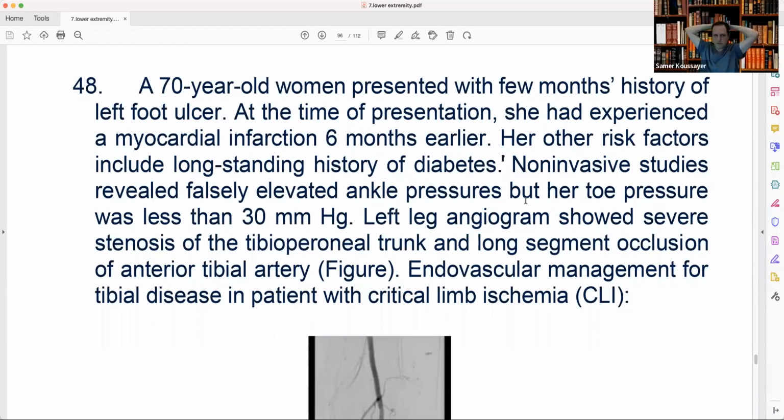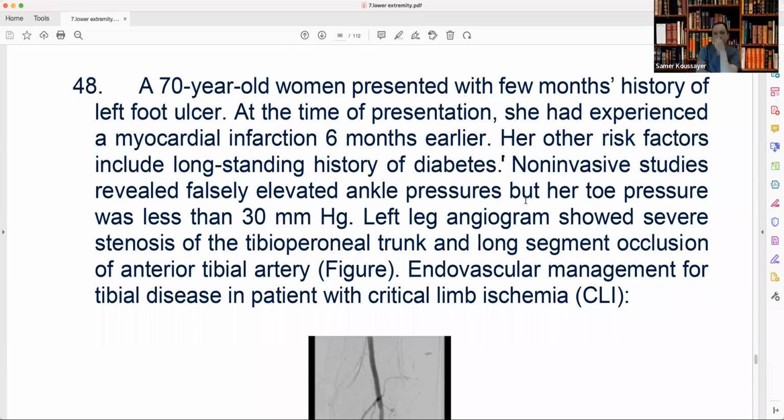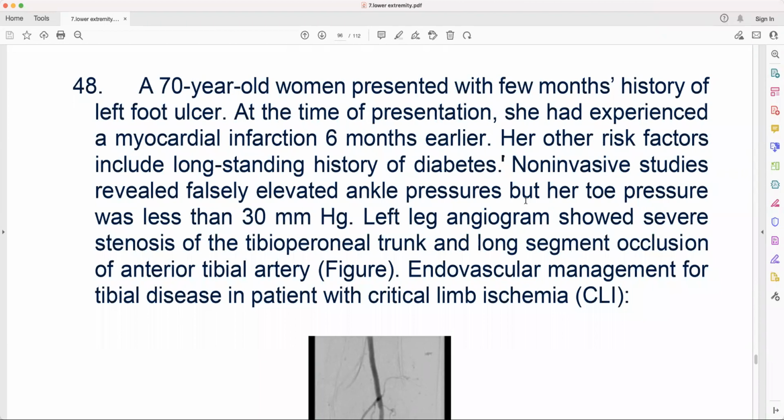Her left foot angiogram showed severe stenosis at the tip of the tibio-peroneal trunk and long segment occlusion of the anterior tibial artery. Endovascular management for the tibial disease in patients with critical limb ischemia is.